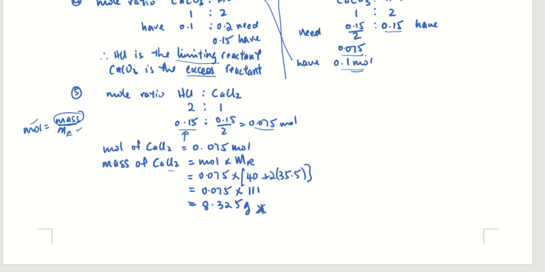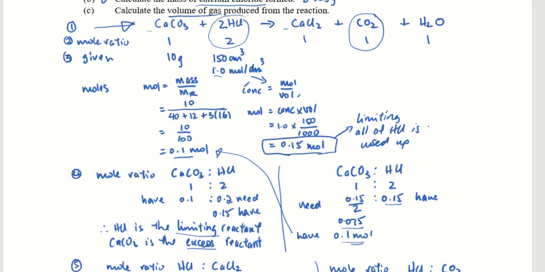So again, we use the mole ratio of hydrochloric acid to carbon dioxide, which is now the product of interest. The ratio is 2:1. Let us double check. We have gotten that from the step number 2 mole ratio. 2 moles of hydrochloric acid will produce 1 mole of carbon dioxide.